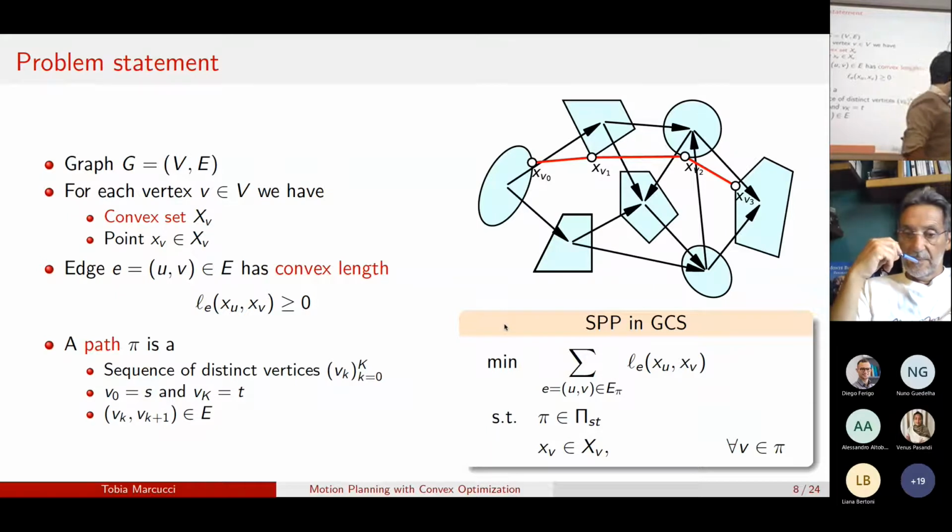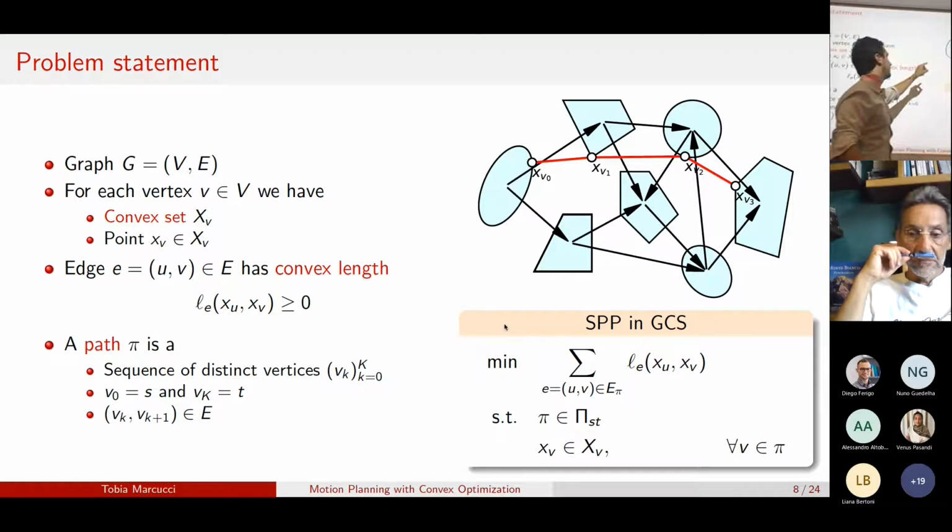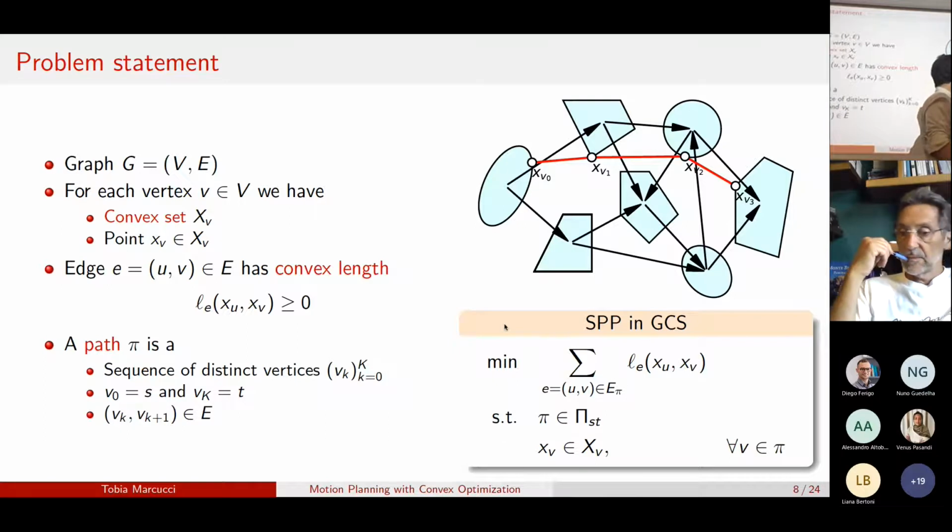We look for a path, pi, that must be a valid path that connects the source to the target. And along the path pi, we want to optimize also the position of the vertices that we encounter. And the cost function is the total length of the path, defined as the sum of the convex edge lengths. Any question on the problem formulation?